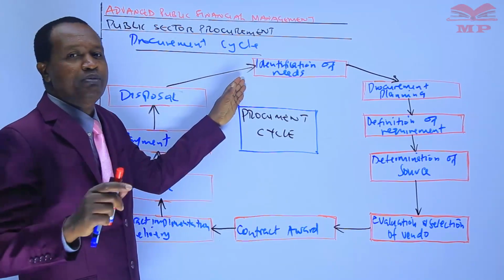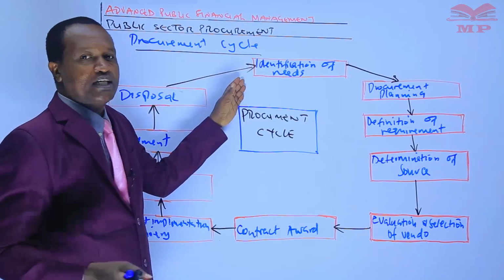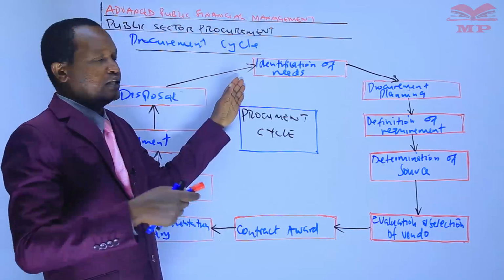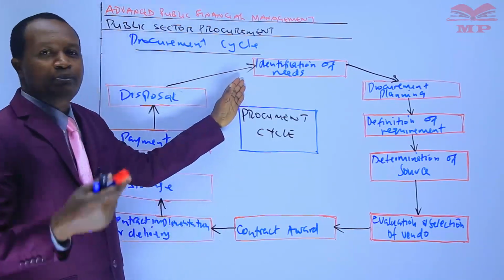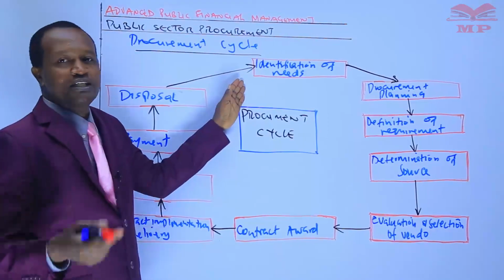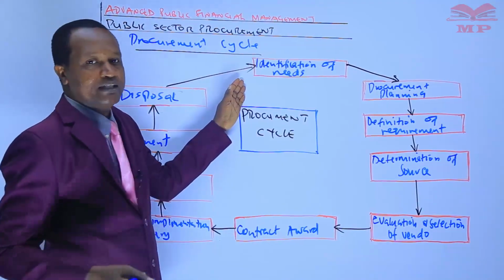And this is informed by the inventory status, the project plans, production schedules, the work plans, the capital or operational requirements. We may have budgets and the procurement plan.